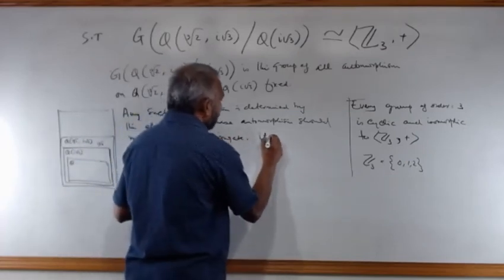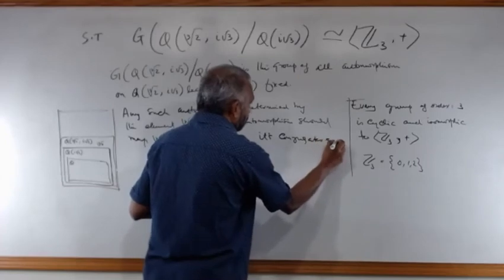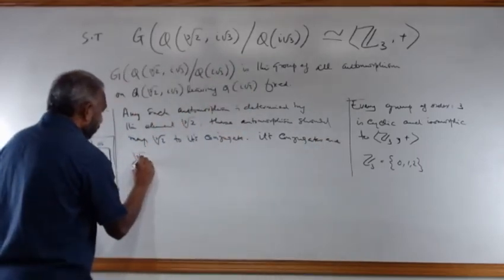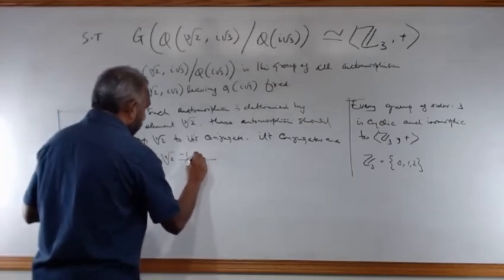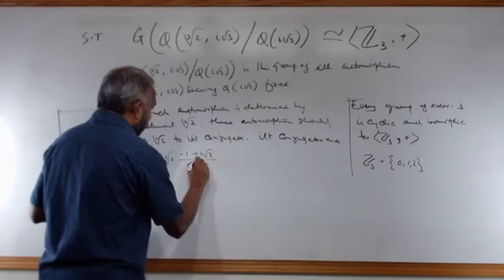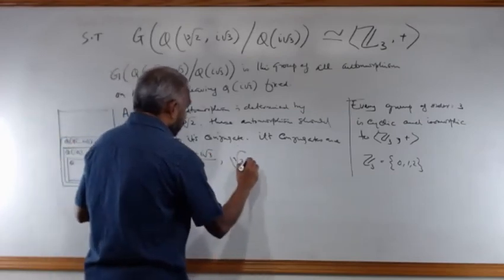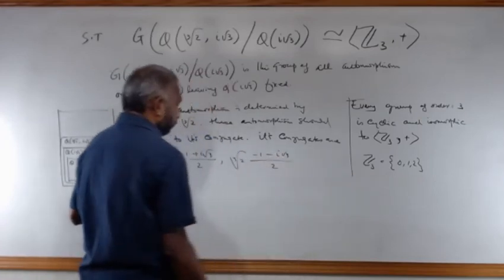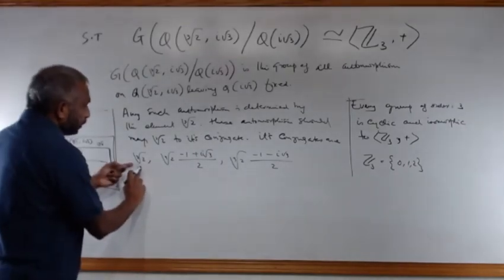Its conjugates are cube root of 2, cube root of 2 times (minus 1 plus i root 3)/2, and cube root of 2 times (minus 1 minus i root 3)/2.